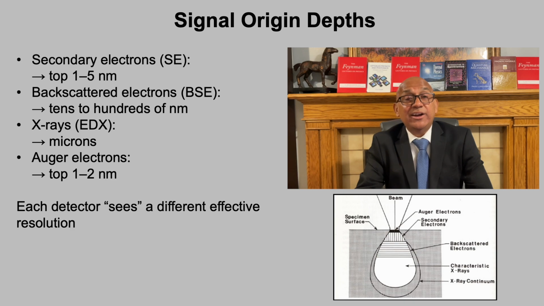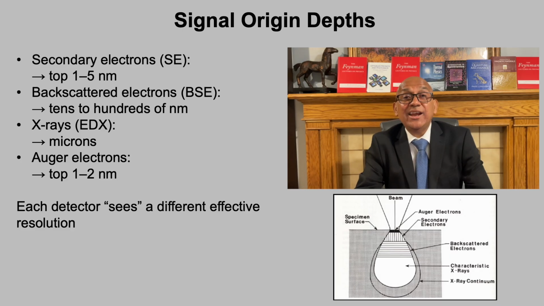Secondary electrons are generated very close to the surface, typically within the top 1 to 5 nanometers, which is why SEM imaging provides excellent surface sensitivity and high spatial resolution. Backscattered electrons originate from deeper regions, ranging from tens to hundreds of nanometers, depending on beam energy and material properties. As a result, BSE images carry compositional information but with lower spatial resolution than SE images.